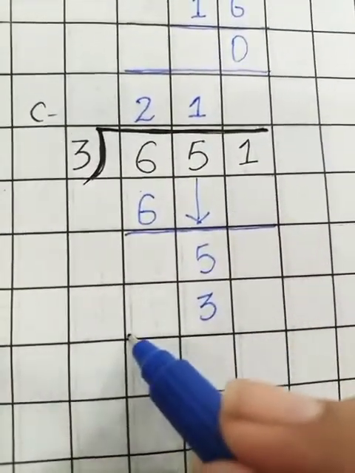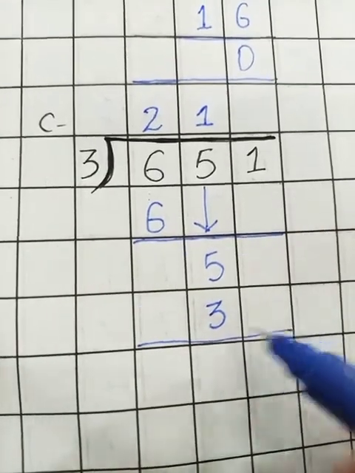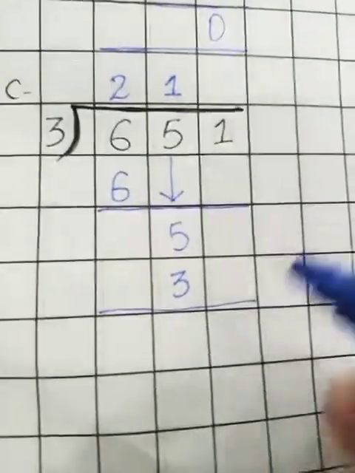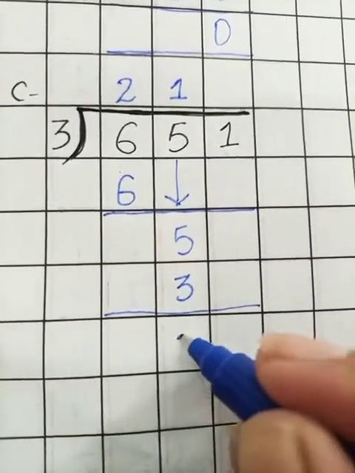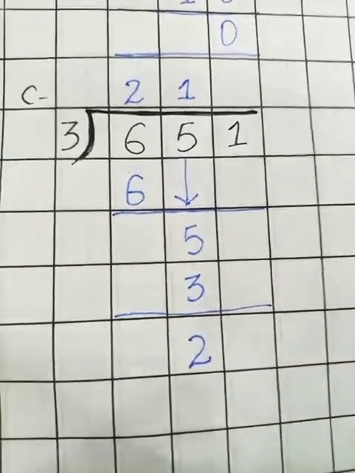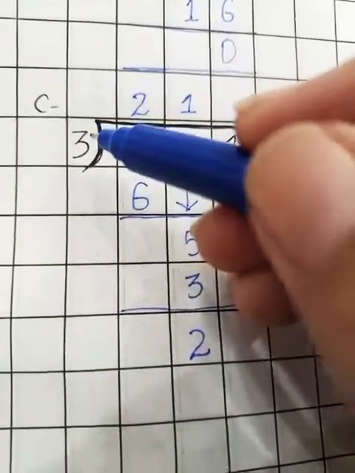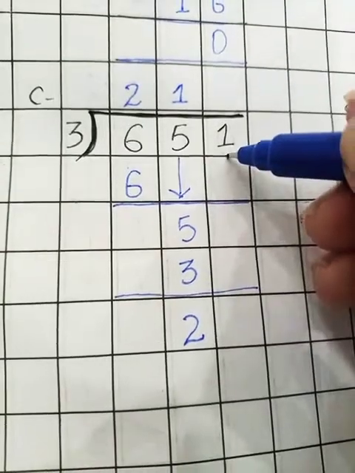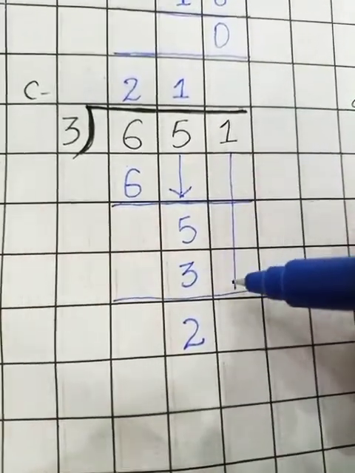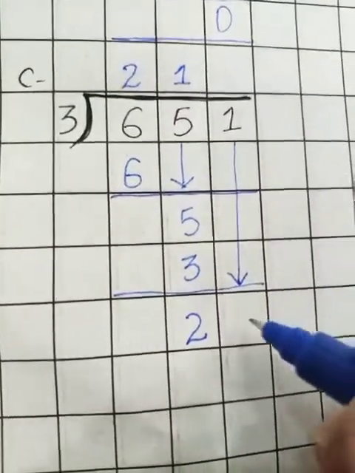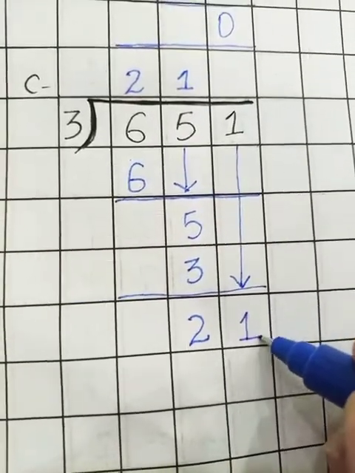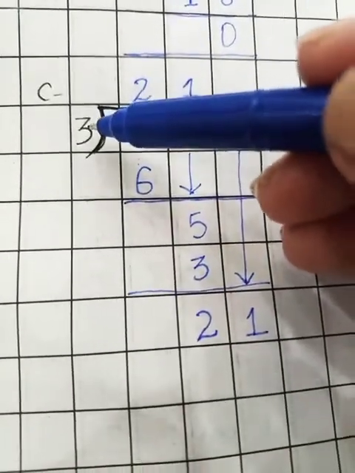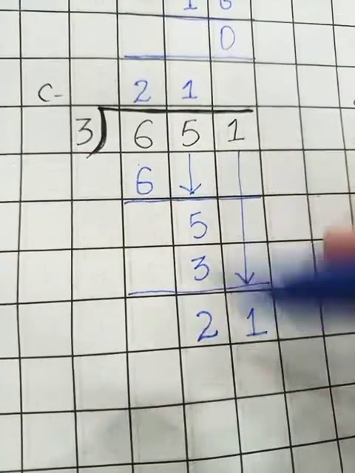In the next step, when I subtract 3 from the 5, my answer is 2. Now this 2 is smaller than my divisor, so I have to take this 1 down here. It will become 21. Read the table of 3 till the number 21.